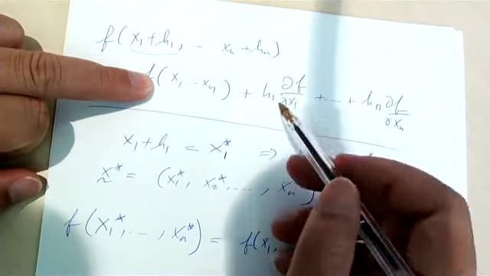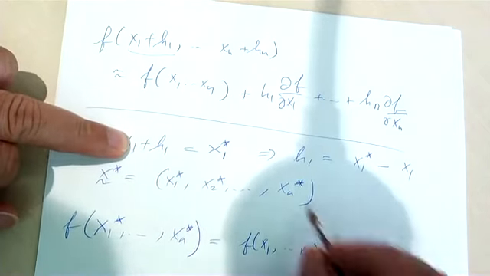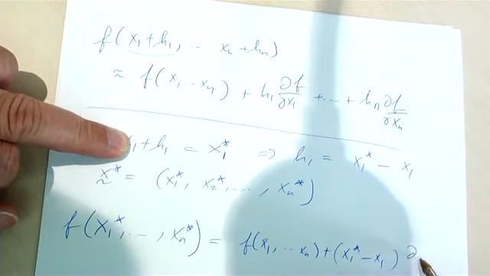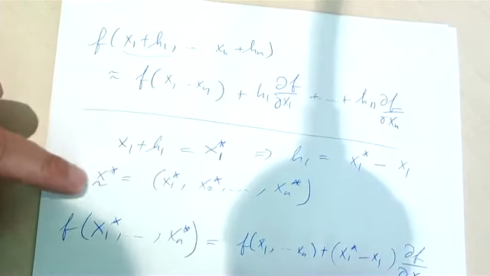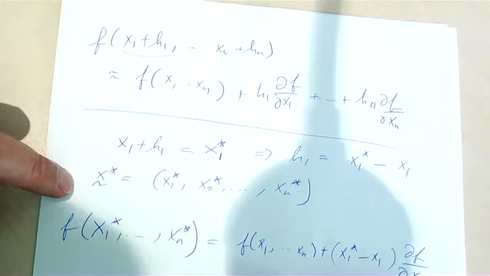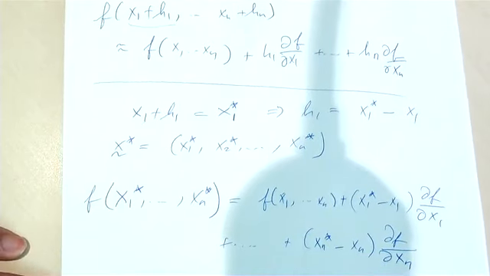But now instead of h1, I have x1 star minus x1. I just replace it, and partial f with respect to x1 and so on. So plus, hn will be xn star minus xn, partial f with respect to xn. You see, it's similar to this equation.